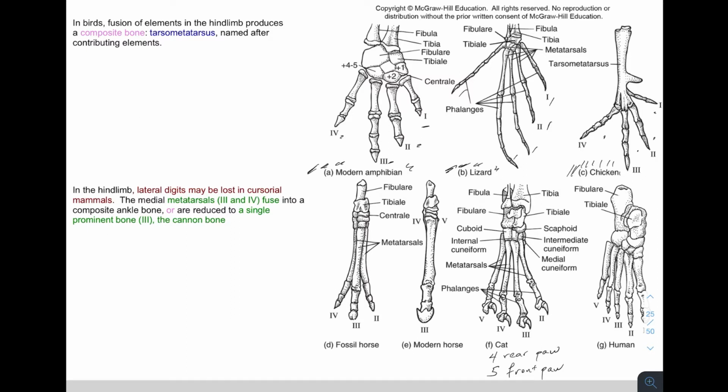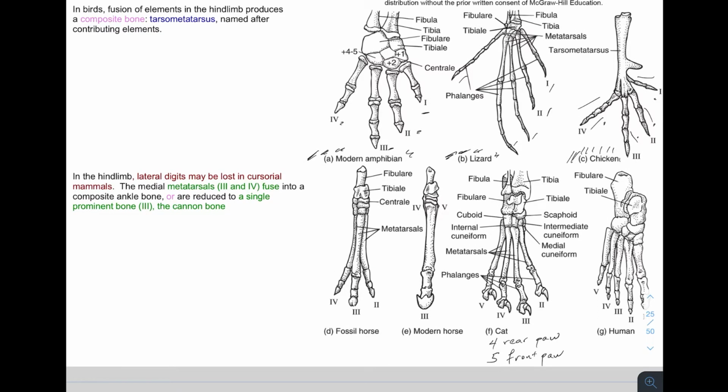We've kept 4 in the pes, while we kept 3 of them in the manus, if you recall. This is in order to spread out the weight of the animal as it walks. You can see that these digits are kind of pointing in different directions in order to give stability to this animal as it stands.